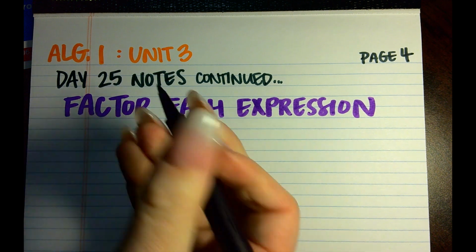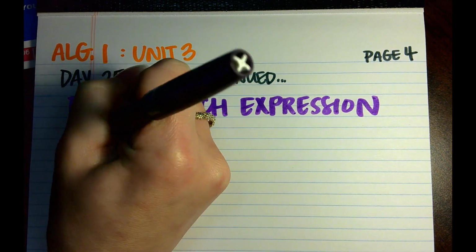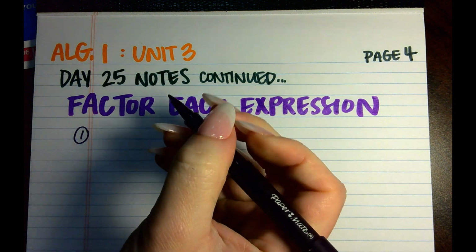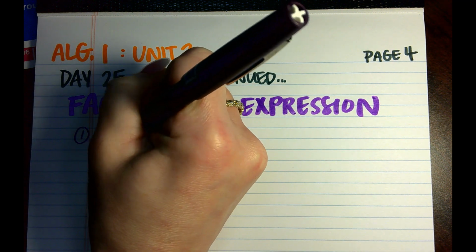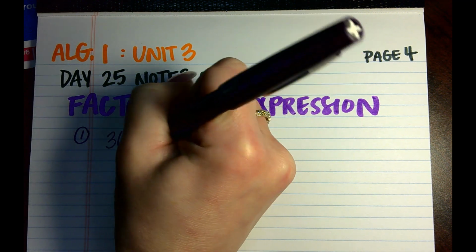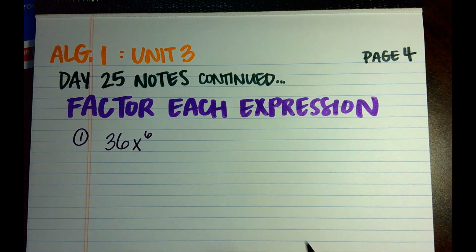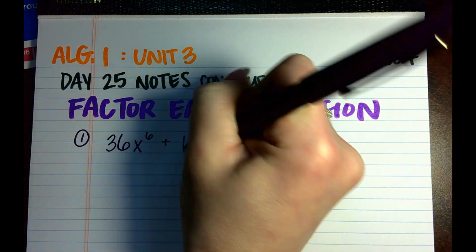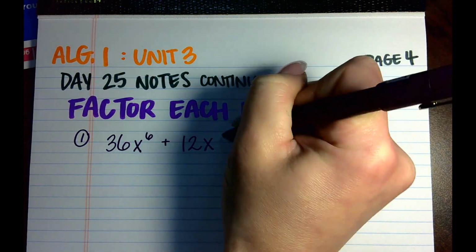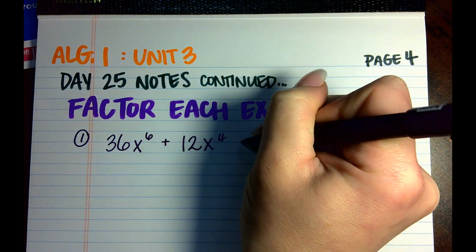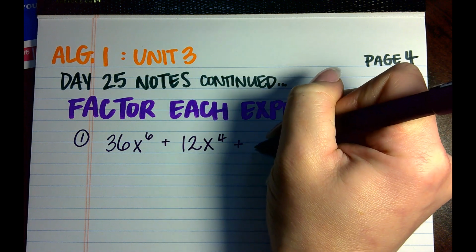I'm going to give you something a little trickier too. What if I gave you 36x to the 6th power plus 12x to the 4th power plus 18?